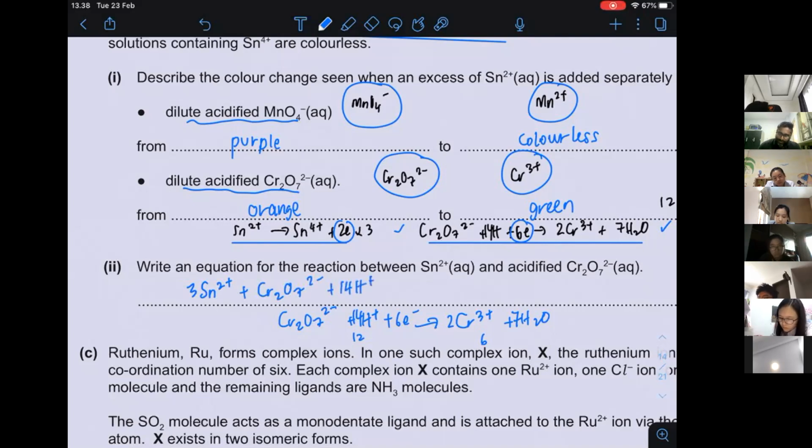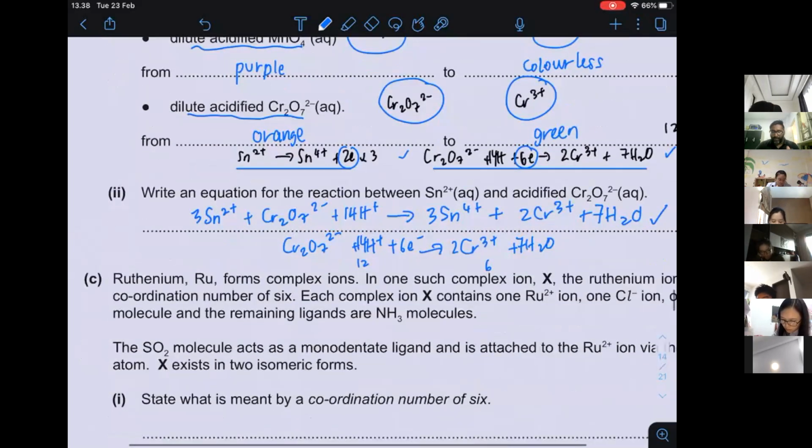The electrons cancel, so it is 3Sn4+ plus 2Cr3+ plus 7H2O. This will be the equation we are looking for. You must make sure you write the correct half equation.